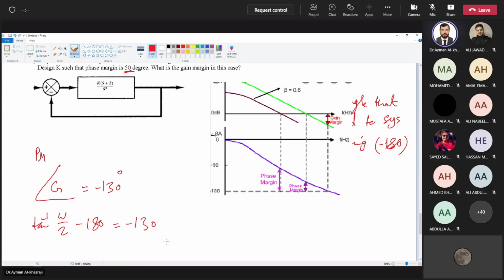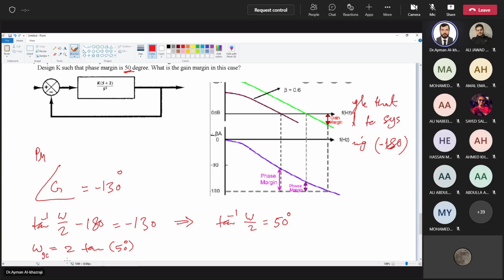You agree, right? It means tan inverse omega over 2 equals 50. So I can find omega by taking tan: omega equals tan 50 degrees. This omega is the gain crossover frequency.